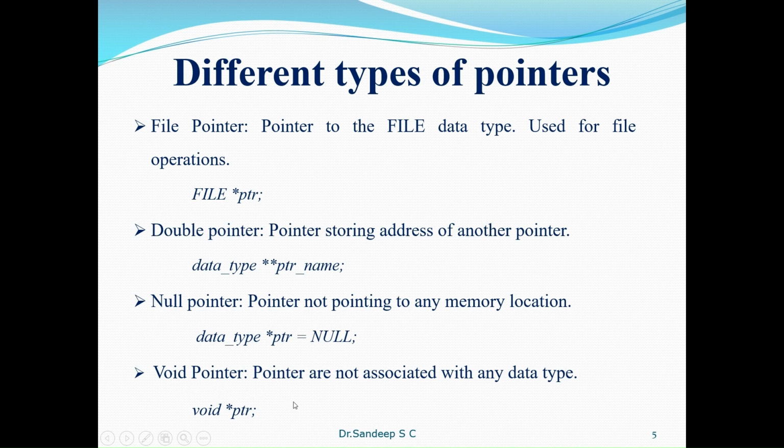Void pointers are not associated with any data type. That means we can define a void pointer and later we can decide which pointer type it should be typecast to. We can typecast it to any of the other data types. Usually, some of the implicit functions will return void pointers. Definitely when we go for dynamic memory allocation, we will see that, and how we use void pointers in those cases.